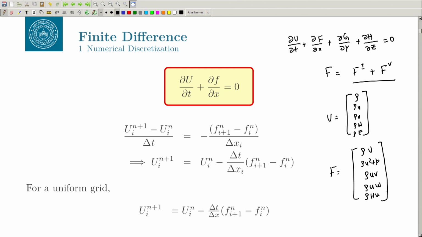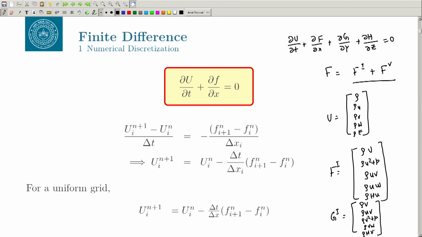Similarly, if you go to the G term, that will be rho v, rho u v, rho v square plus p, rho v w and rho h v. This is the inviscid term, there will be a viscous term as well. And similarly, we will have the H term.